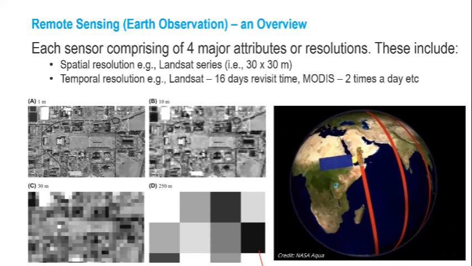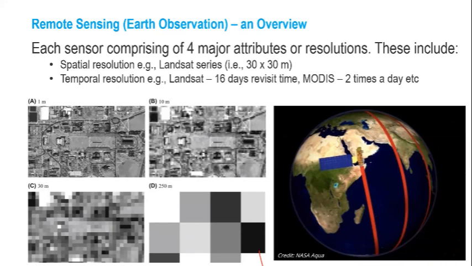And then of course, the spatial resolution talks about how big, what does a pixel of an image mean on the Earth? Like if the pixel of an image is 30 meters by 30 meters, what does that mean? It means on the ground, one pixel on an image like this is covering 30 meters by 30.